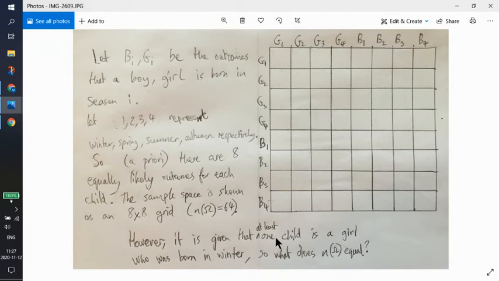Okay, so the answer is that now there are 15 equally likely outcomes, because a girl who was born in winter, we're denoting that by G1. That means we know at least one of the children was a girl born in winter. So we either have to be in this column here, where one of the children is a girl born in winter and the other could be any of the 8 possibilities, or in this row, because it could be the other child that is a girl born in winter.